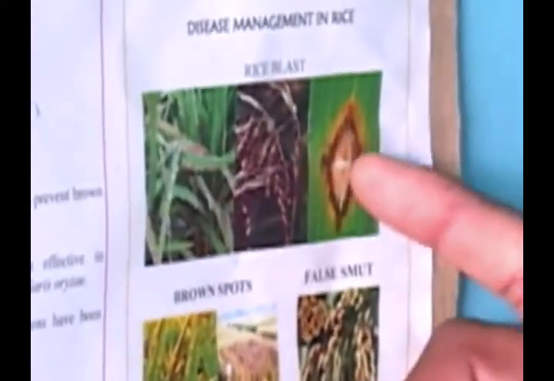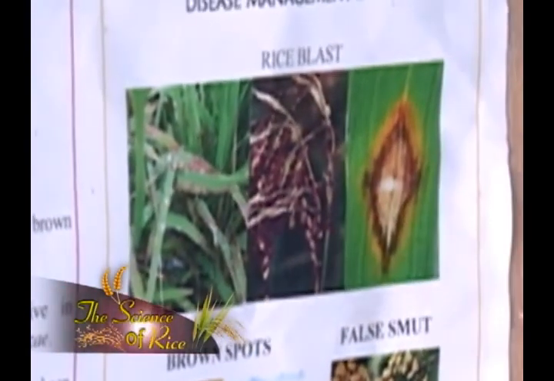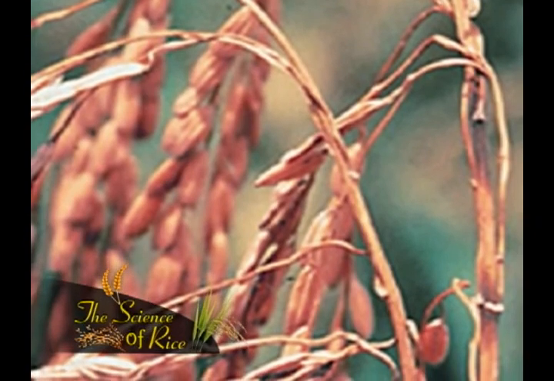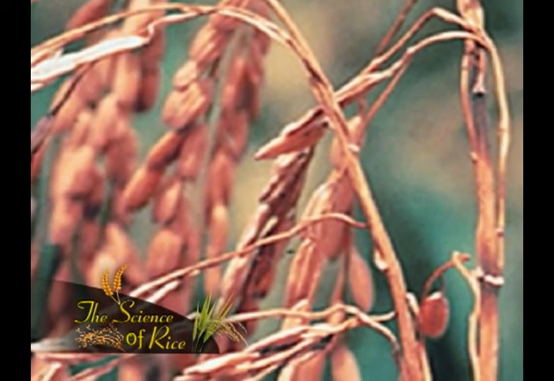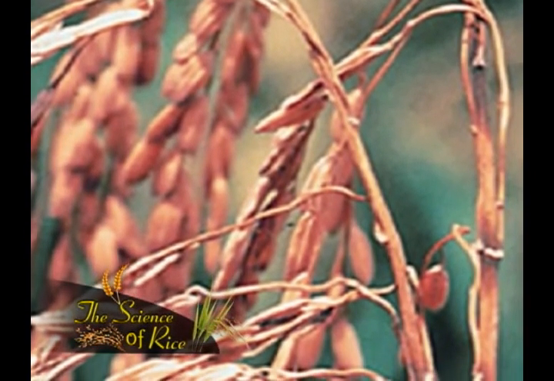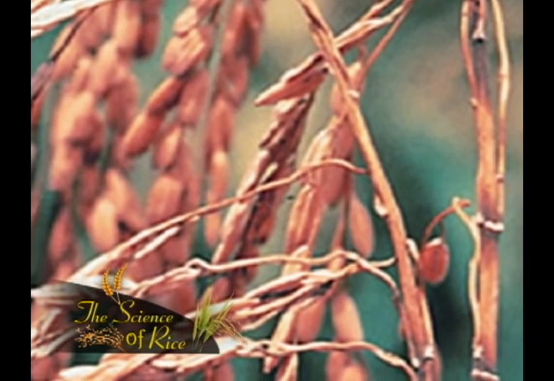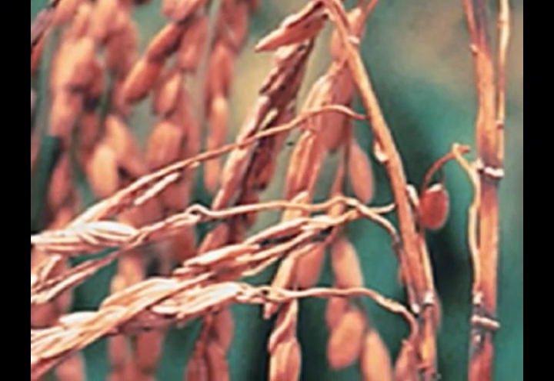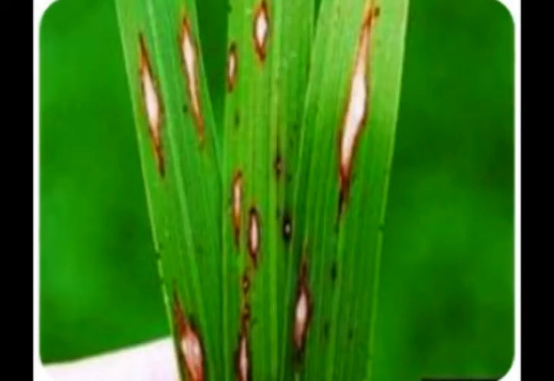So this is what the center and the margin look like. The rice blast also would affect the panicle, so you'd have dark brown spots or lesions surrounding the neck of the panicle, and this is how it looks on the leaf also.